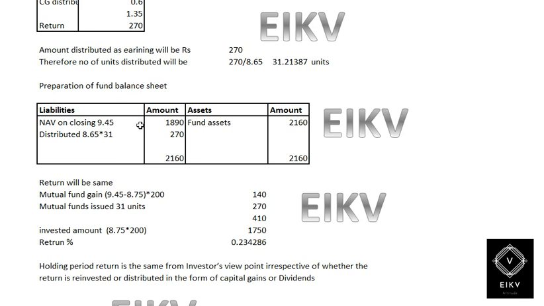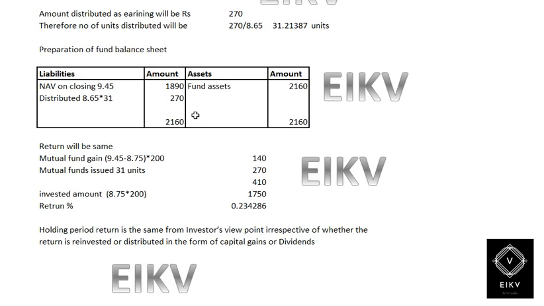And then we have the preparation of the balance sheet. So balance sheet, as we discussed earlier, we have two sections, assets and liabilities, and NAV, which is 9.45, which is same as the above balance sheet. And then we have the units distributed, which is 8.65 multiplied by 31, which will give you 270, and the fund asset would be total 2160 each.